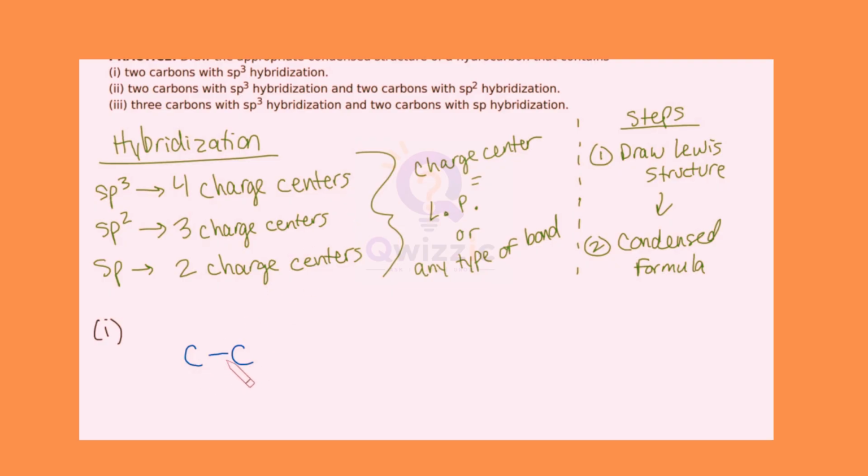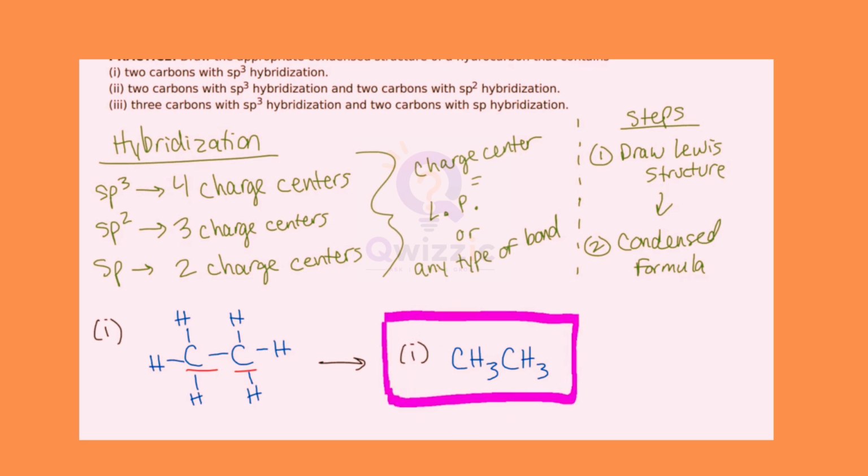All right, well, they're bonded to each other, so that means they each need 3 more bonds, so we can simply add 3 more hydrogens onto each carbon. So putting it in the condensed formula, we have 2 carbons, each with 3 hydrogens. So we list CH3, CH3. And that is the condensed formula for compound 1. Not so bad, right?